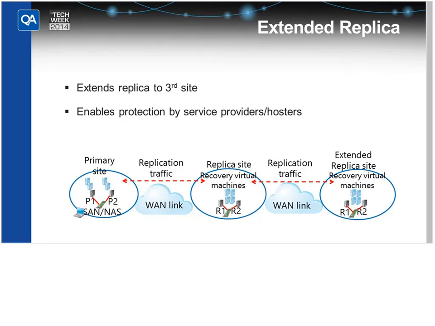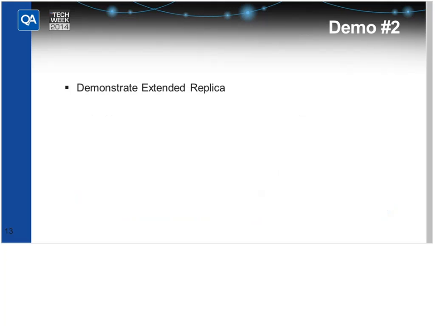So what we want to try and do is have a look at extended Hyper-V Replica in action. I wanted to try and make this as real world as possible from the point of view of, if you was using a hoster.